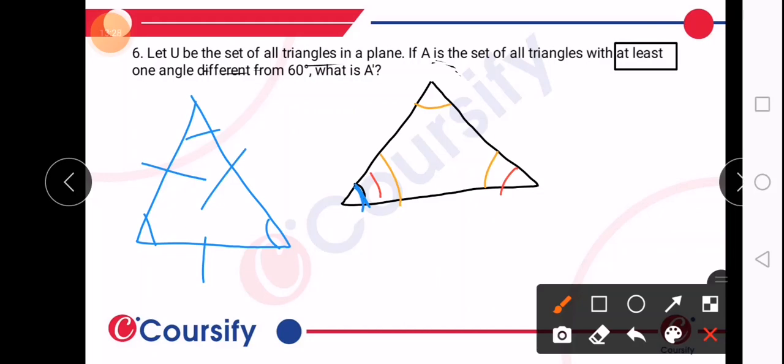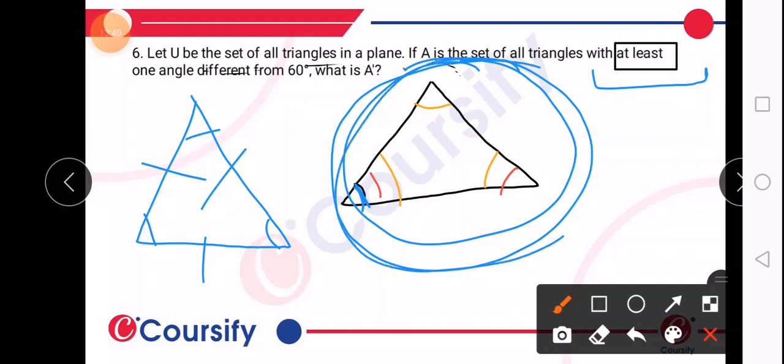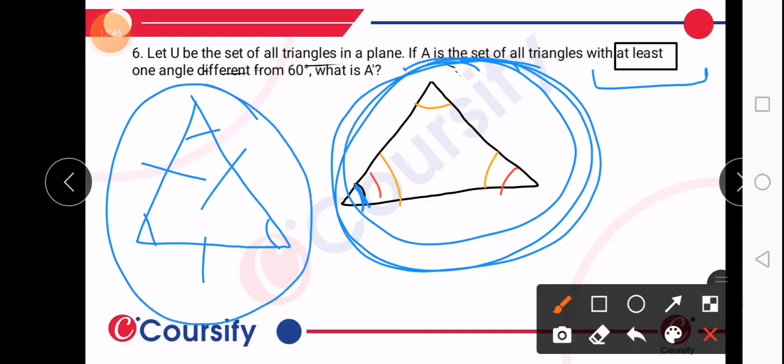When we consider the case of at least, it involves all these cases, which means the complement of all these cases, where the angles are different from 60, will be the case where the angles are equal to 60, which means it's an equilateral triangle. So the A complement is an equilateral triangle with each angle being 60 degrees.